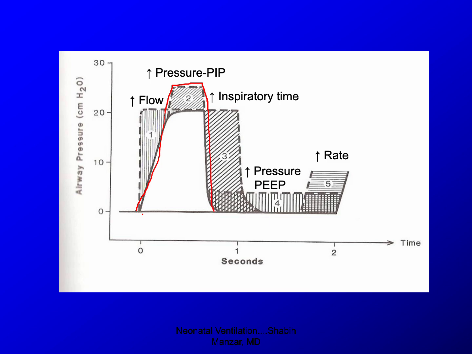This goes this way, then this is the PEEP which remains here, this is the rate, and then this is the flow. The graph explains it all very well. And these are the volume curves, and you see how it looks in IMV, in SIMV, and in assist control. Again, the whole idea is to reiterate that synchronizing the breath cycles is very important for better ventilation. Now let's do some cases.